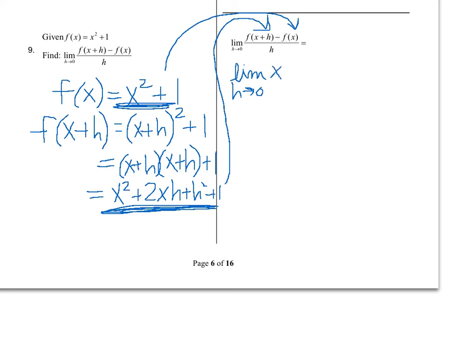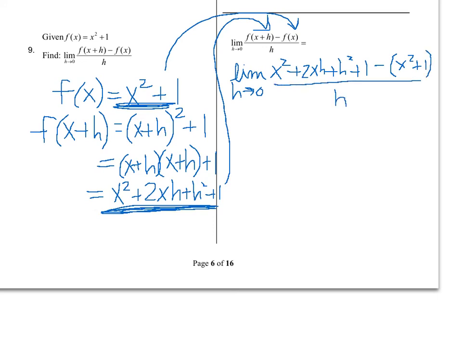So f of x plus h ended up being x squared plus 2xh plus h squared plus 1. F of x was x squared plus 1. It's asking us to subtract that function, so just be careful that you include it as a quantity. F of x was x squared plus 1, and we wanted to subtract that entire quantity.